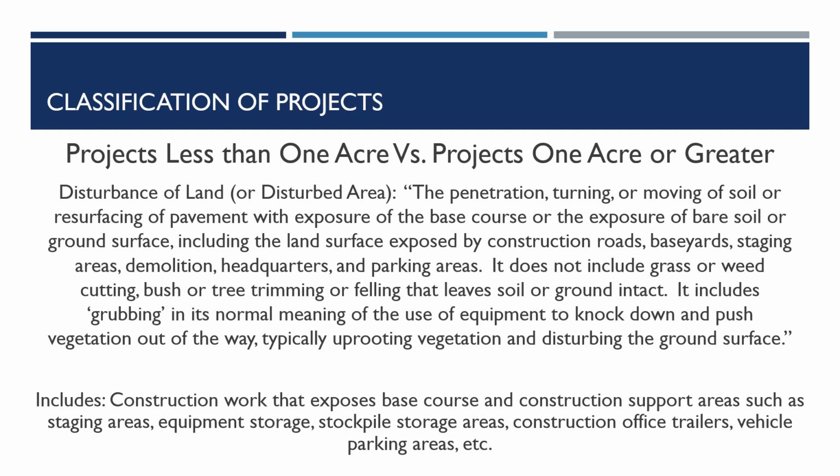It does not include grass or weed cutting, bush or tree trimming, or felling that leaves soil or ground intact. It includes grubbing in its normal meaning of the use of equipment to knock down and push vegetation out of the way, typically uprooting vegetation and disturbing the ground surface.